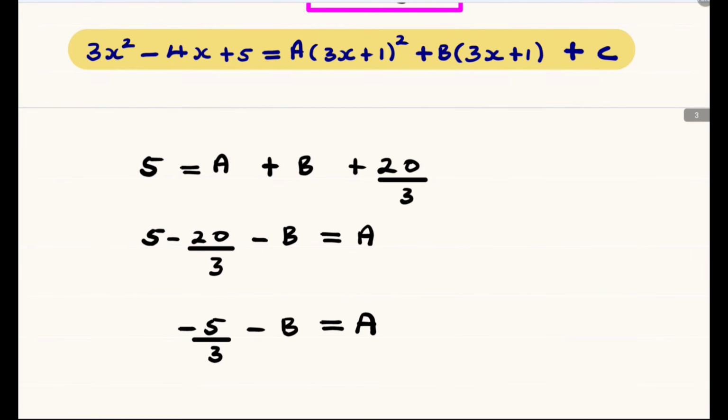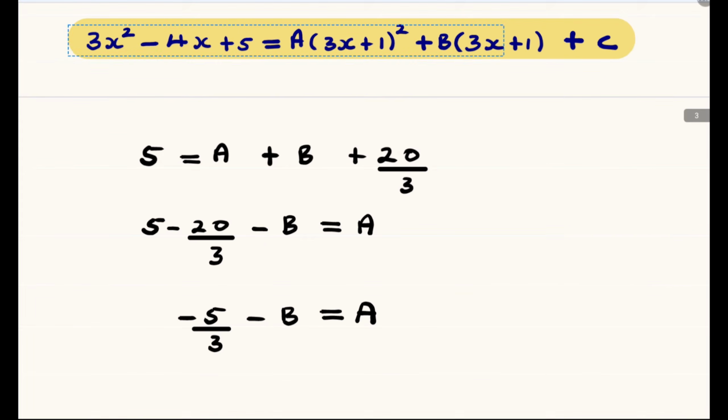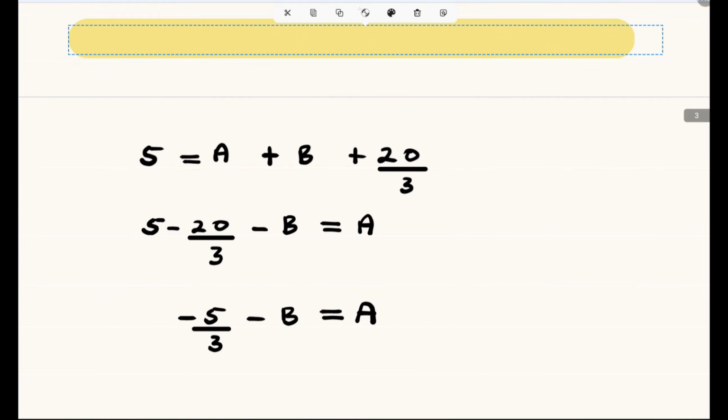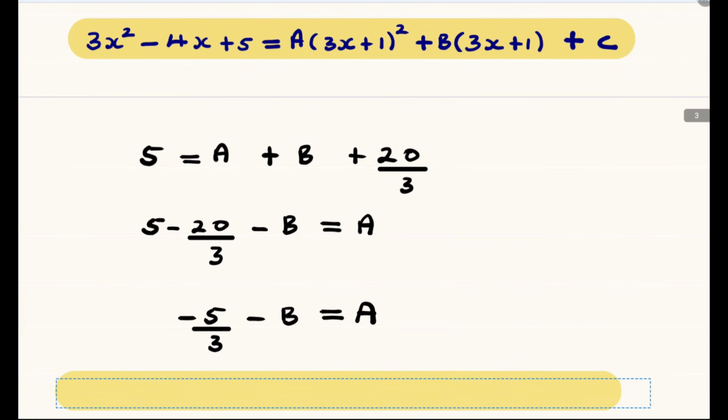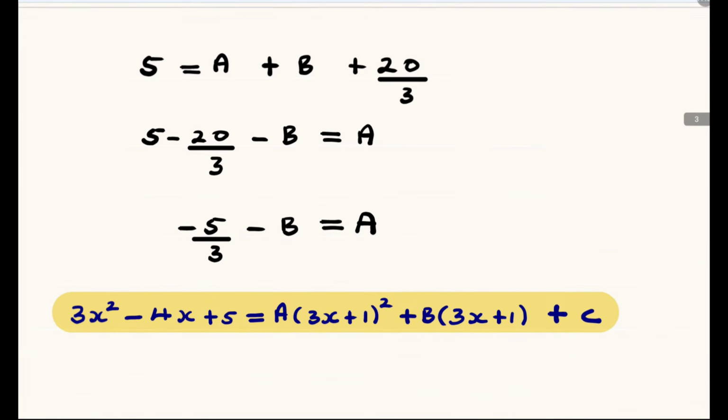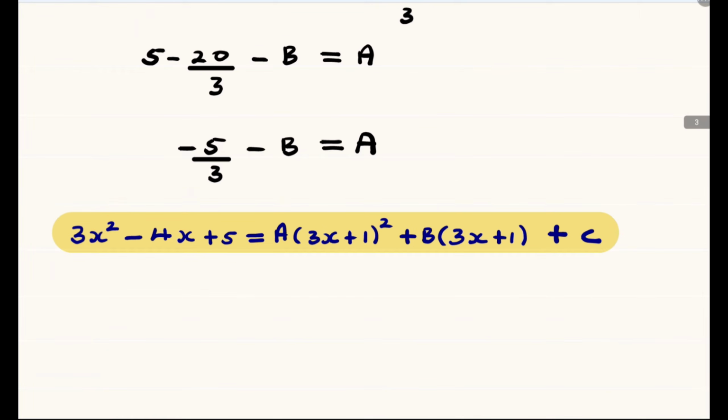So now we construct another equation by choosing x equal to any number. So we target the smaller numbers, so we choose x to be equal to 1. And 3 multiplied by 1 will be 3, minus 4 multiplied by 1 will be 4.